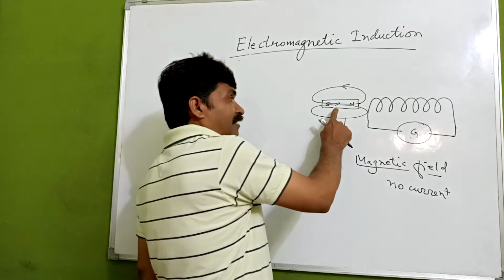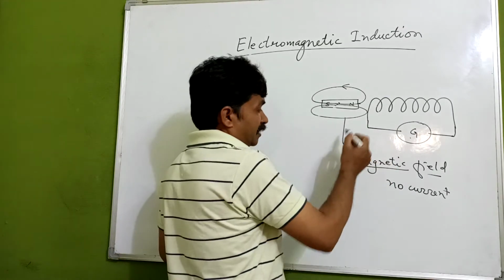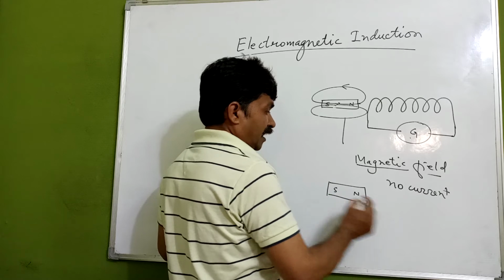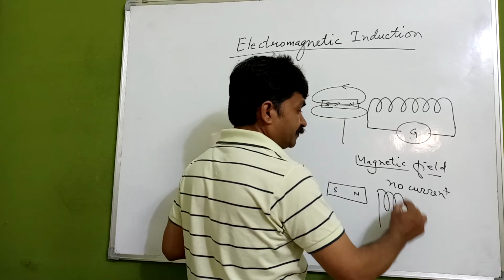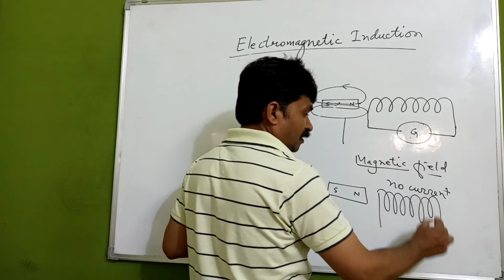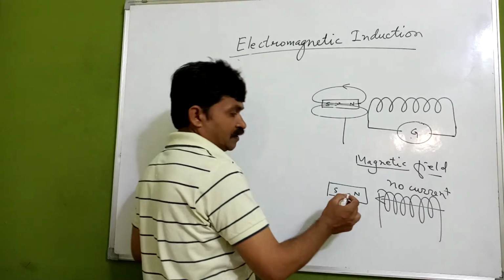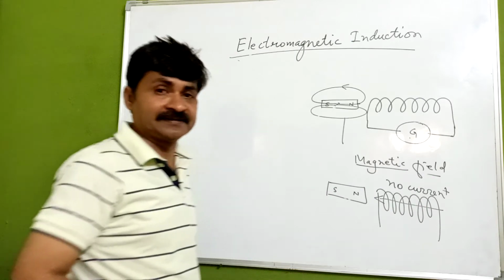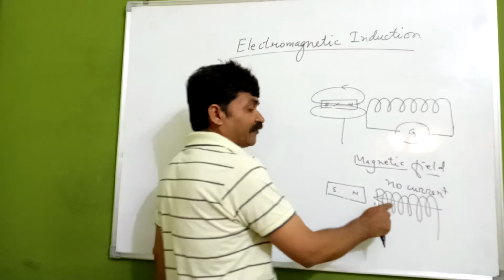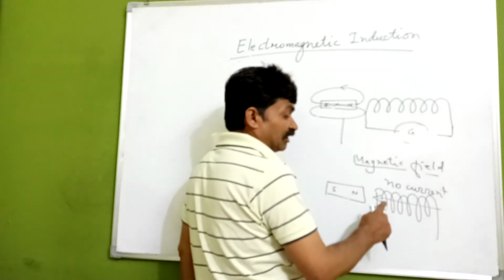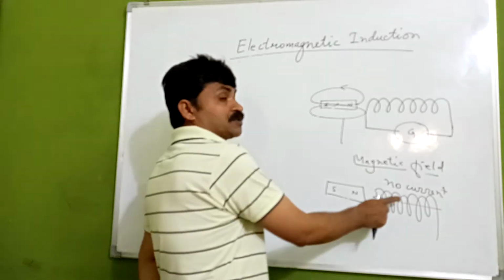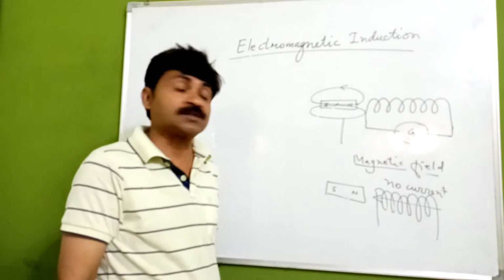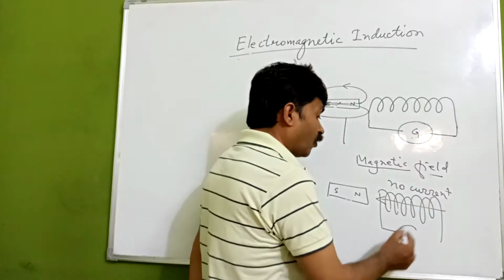Then again, if we keep the magnet fixed and this coil is moved to and fro, then again there is a change in the magnetic field lines, and this causes an EMF to be induced in the coil, and this EMF causes a current to flow through it.